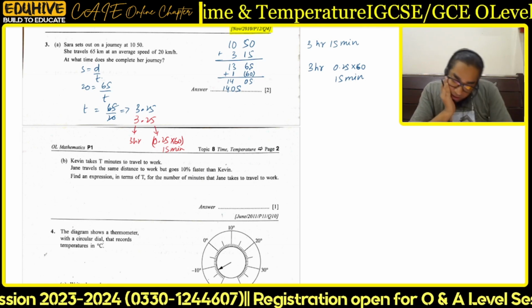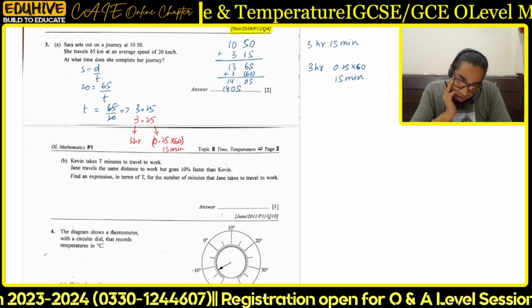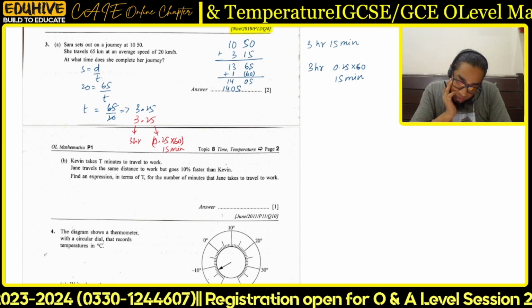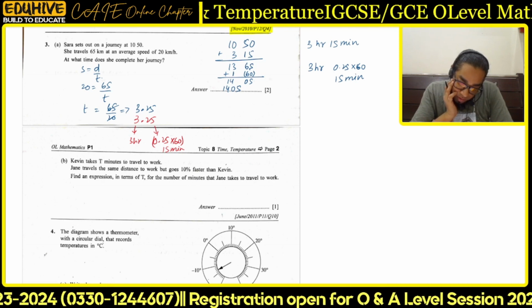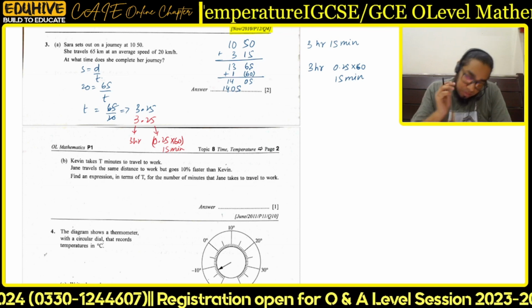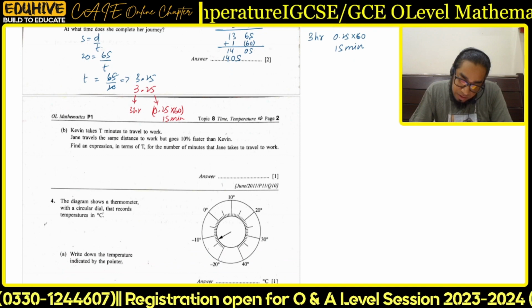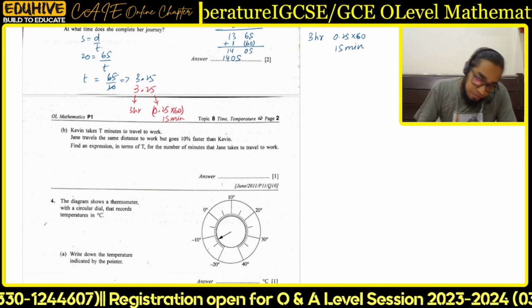Kevin takes t minutes to travel to work. Jane travels the same distance but goes 10% faster. Find an expression in terms of t for the number of minutes.